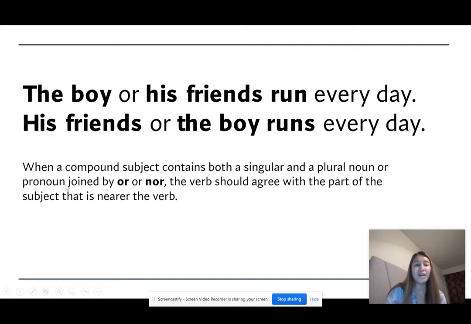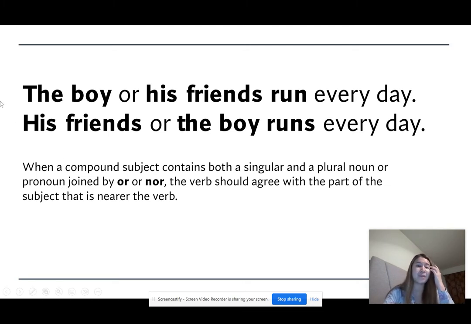Next, when a compound subject contains a singular and a plural noun or pronoun joined by or or nor, what are we going to do? The verb should agree with the part of the subject that is nearer to the verb. Which one's the closest to our action word, to our verb? Let's find out.